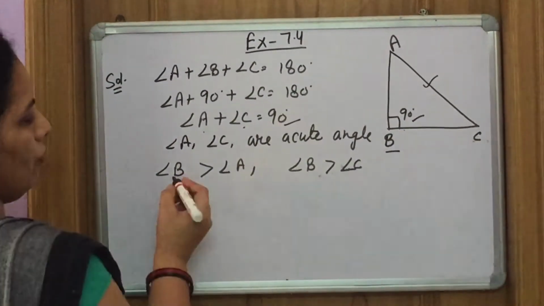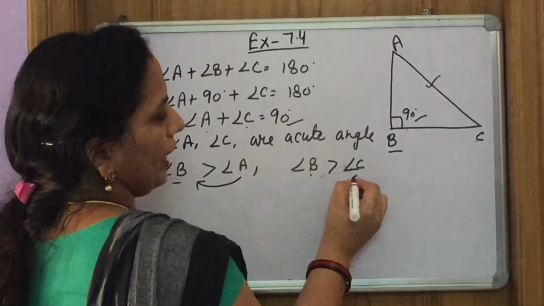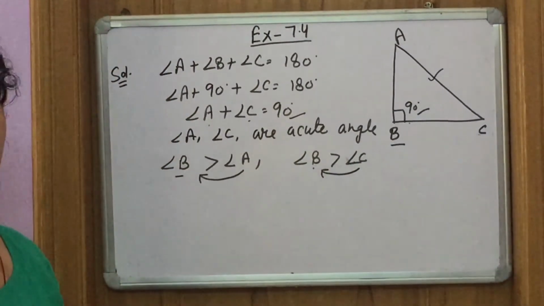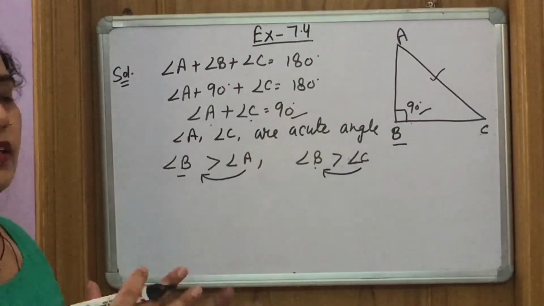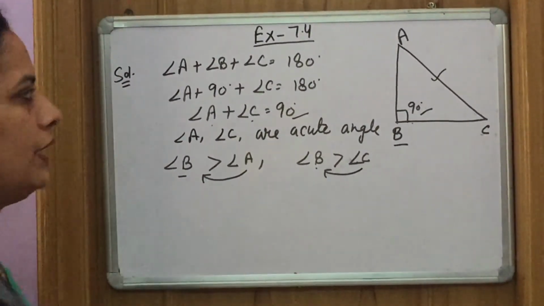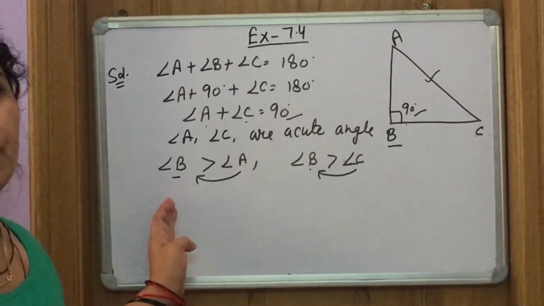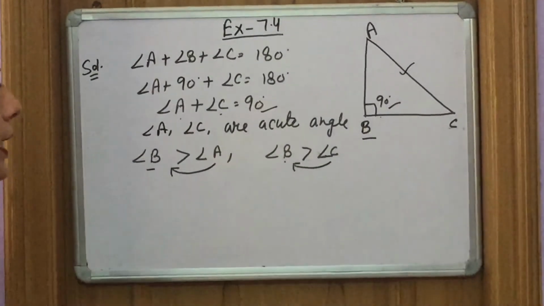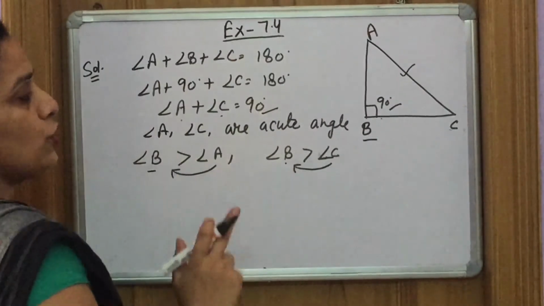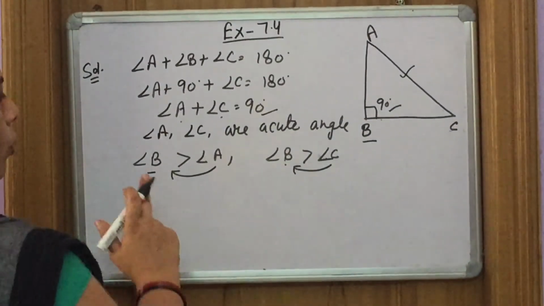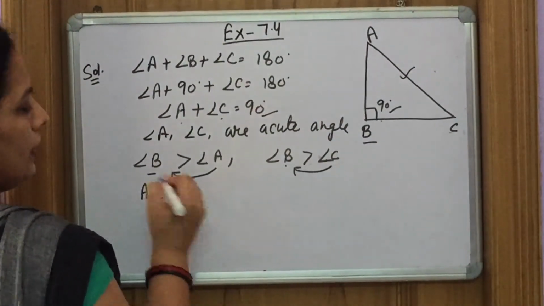So we can say that the value of angle B is greater than angle A and the value of angle B is greater than angle C. So from this triangle we proved that angle B is the largest angle among angles A and C. So we can say that the opposite side of angle B is also larger than the opposite sides of angle A and angle C. Now check which is the opposite side of angle B. The opposite side of angle B is AC.